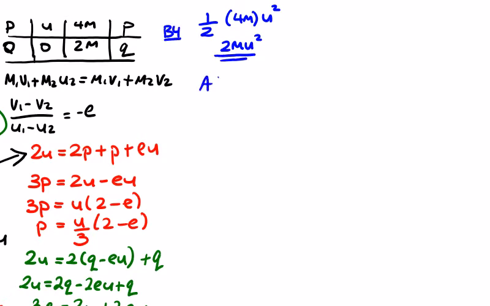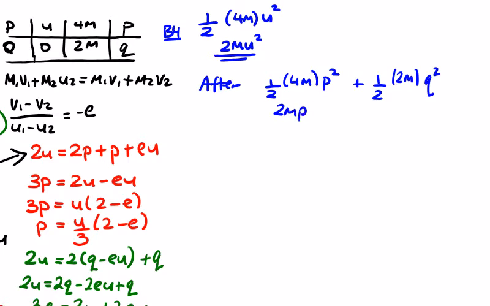After, it's a half of 4m by p squared, and we also have a half of 2m by q squared. Now that's going to be 2mp squared plus mq squared.